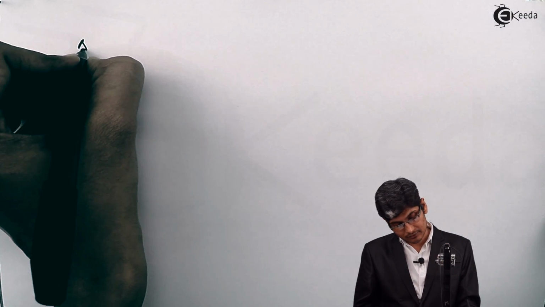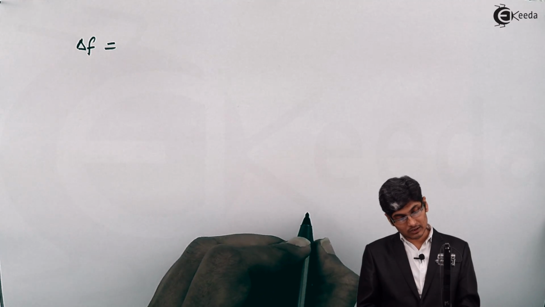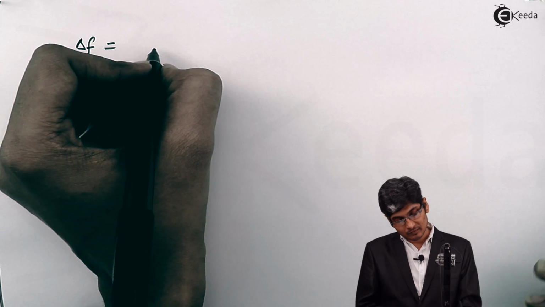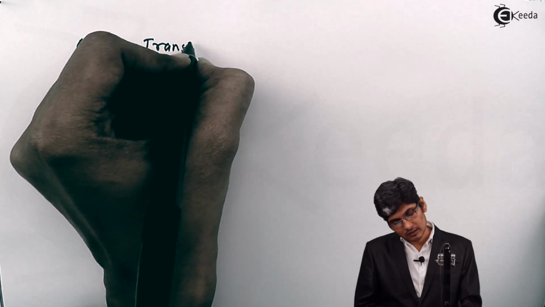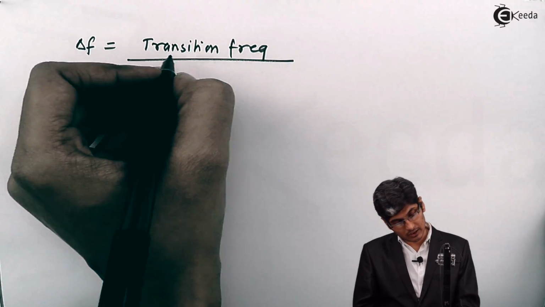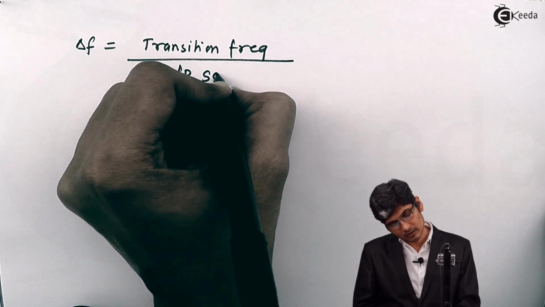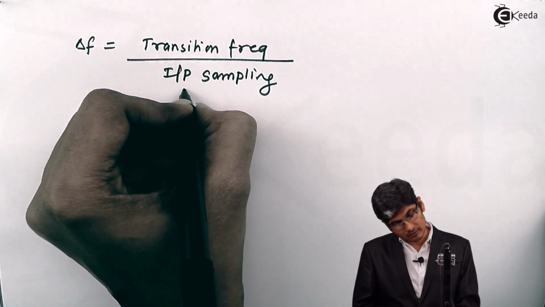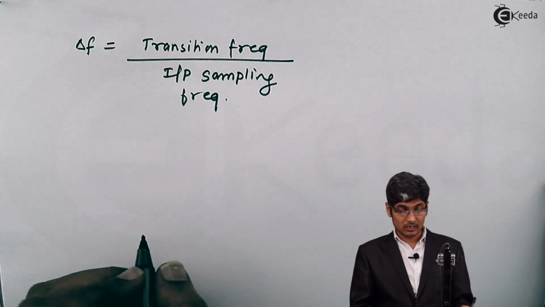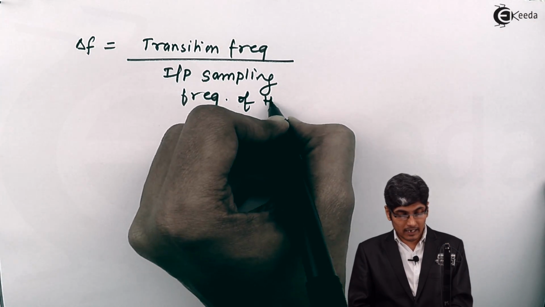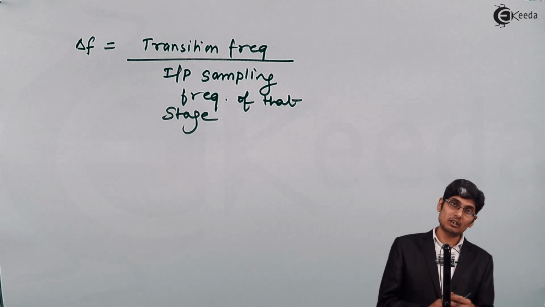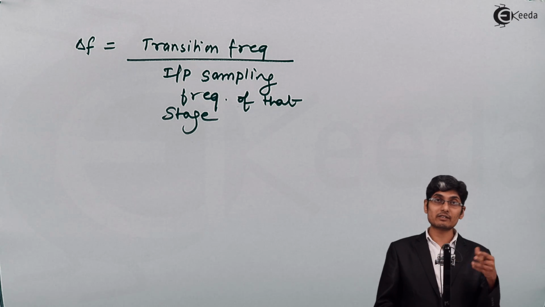So delta F is nothing but the transition frequency divided by the input sampling frequency. Now the input sampling frequency will not always be the normal input sampling frequency, but will be that of each stage.